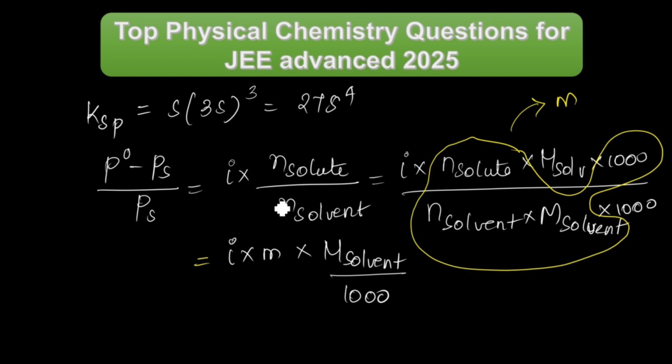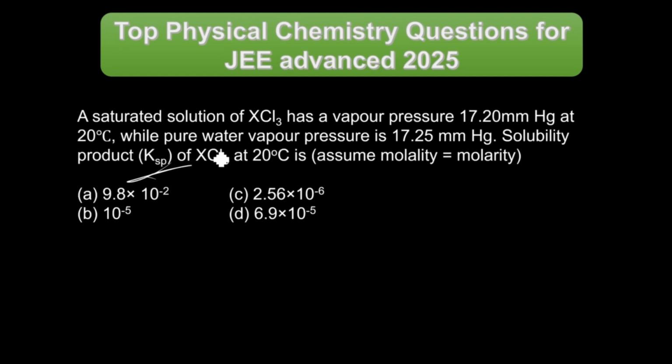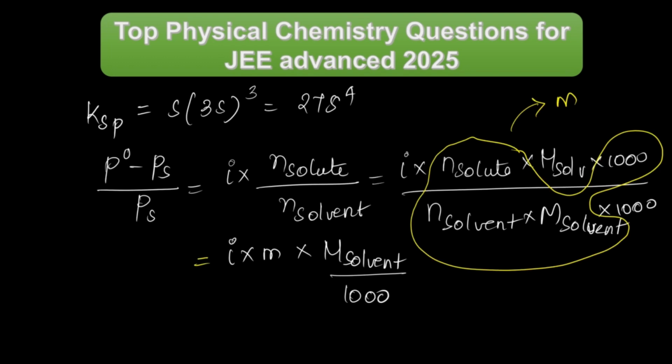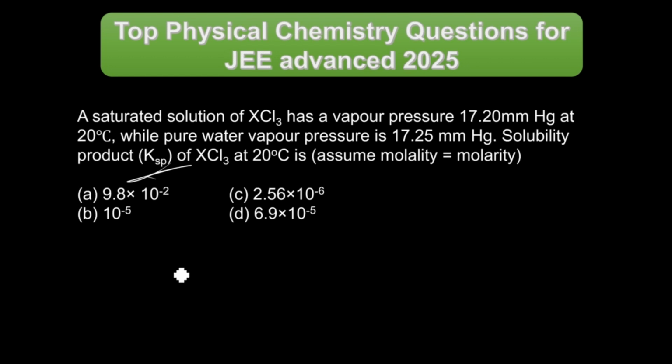So now I'm going to substitute the values of what we have. 17.20 at 20 degrees Celsius, pure vapor pressure, that is 17.25. Okay, I don't have space to write. Let me substitute it here. So 17.25 minus 17.20 divided by 17.20, which is equal to, what is the i value? 4 ions will be formed.